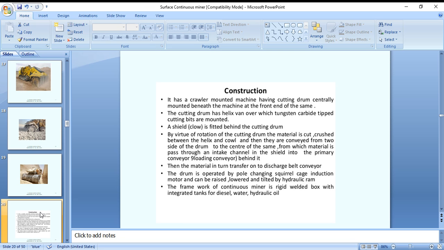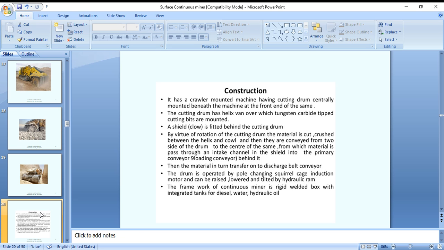A shield is fitted, called the cowl. It is fitted behind the cutting drum. By virtue of the rotation of the cutting drum, the material is crushed between the helix and the cowl. The cowl is nothing but a mudguard; you can say it is like the mudguard on a cycle's back side, or a bumper. Against these two, the material is crushed, and then it is conveyed from both sides of the drum to the center, from which the material passes through an intake channel in the shield into the primary loading conveyor behind it.